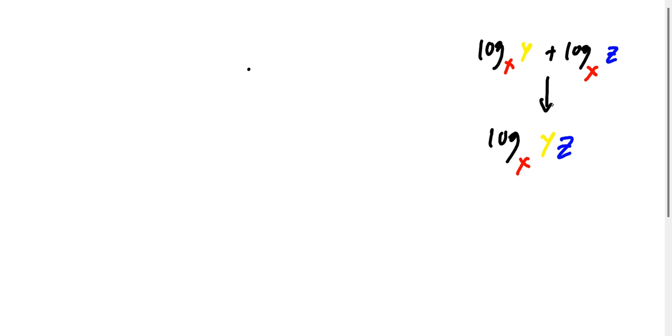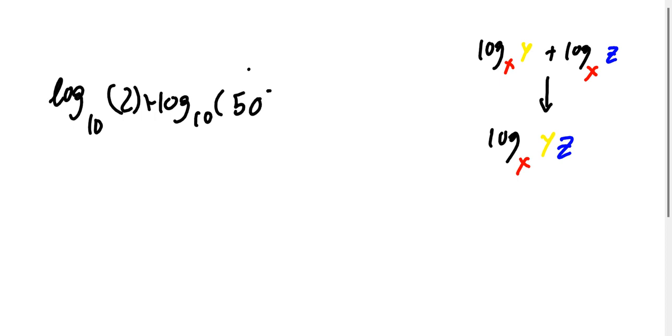So let's have a problem. Log base 10 of 2 plus log base 10 of 50. Now, what's going to happen is we're going to take these numbers right here, 50 and 2, multiply them together, and then keep the base because our bases are the same.